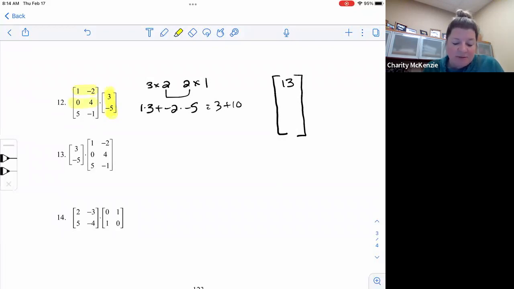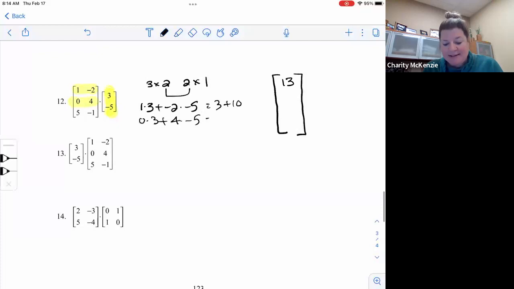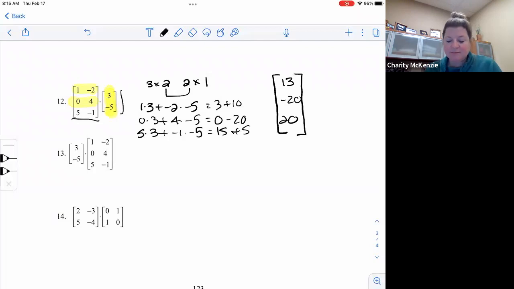This one times this one is going to give me 0 times 3 plus 4 times -5. That's going to be 0 minus 20, so just -20. And the last one here will be this last row times the column, 5 times 3 plus -1 times -5, which is going to give me 15 plus 5, which is just 20.